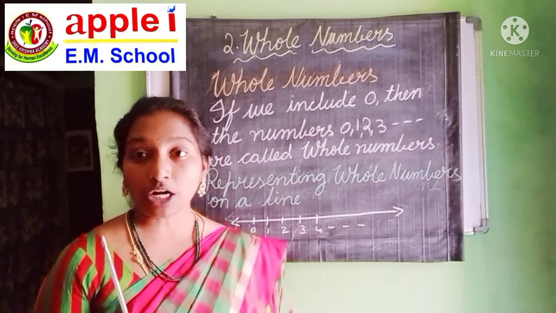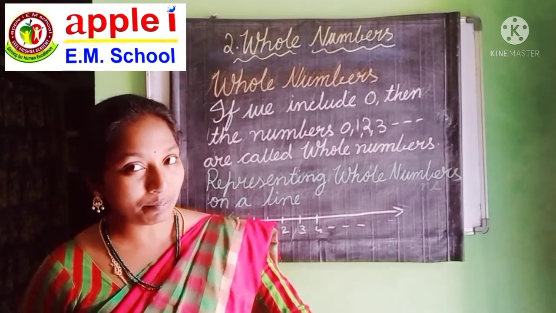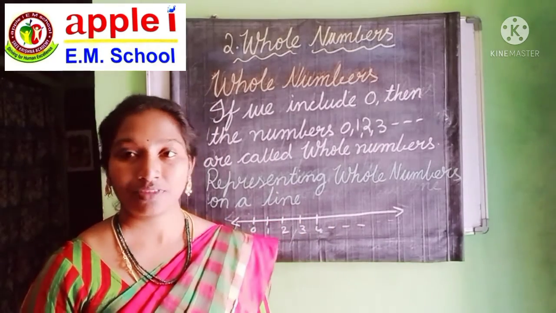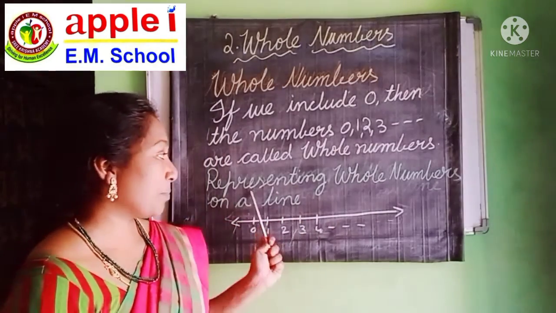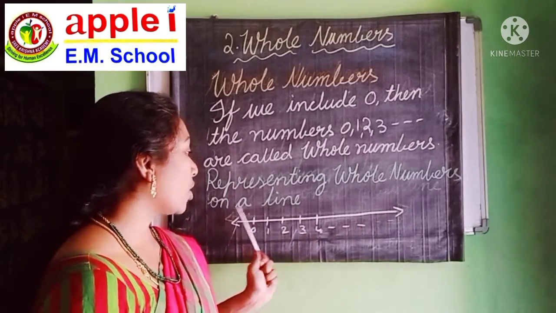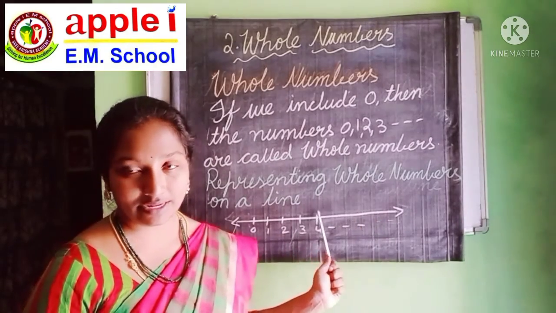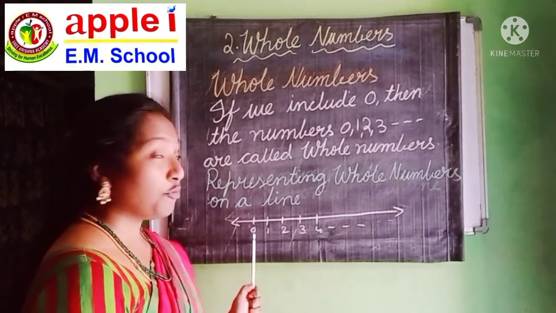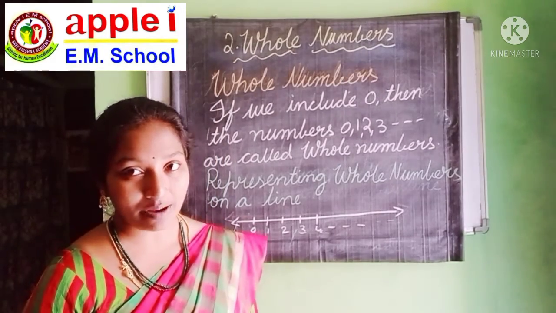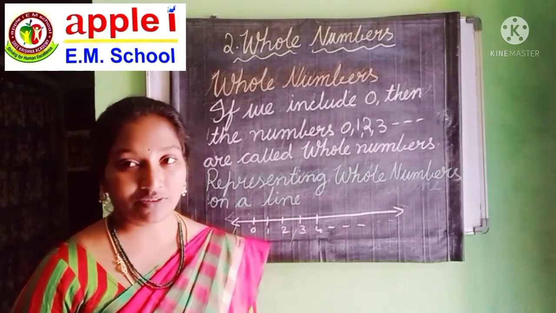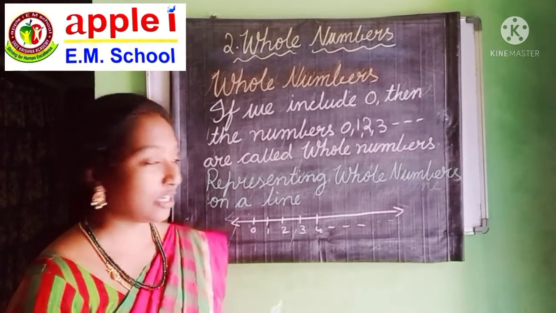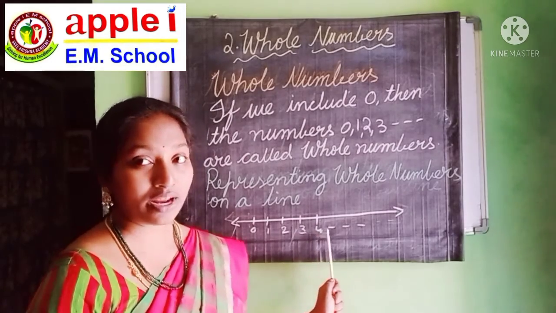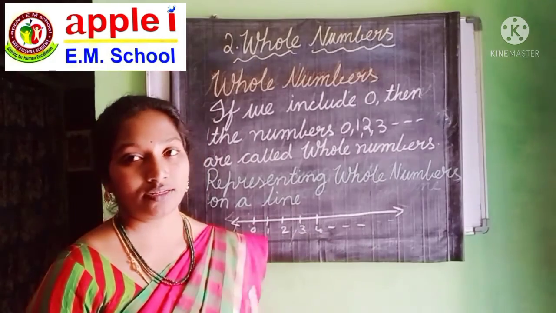If you include 0 to natural numbers, then it will become whole numbers. Understood? Representing whole numbers on a number line is the same as natural numbers, but here we start from 0: 0, 1, 2, 3, 4, and so on.